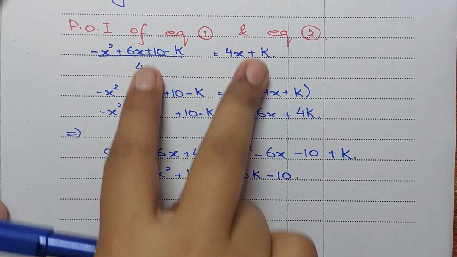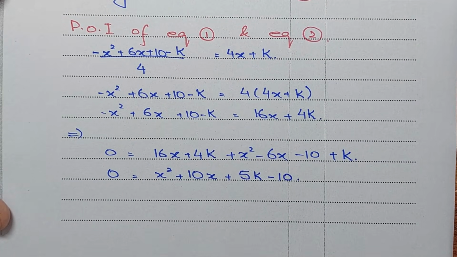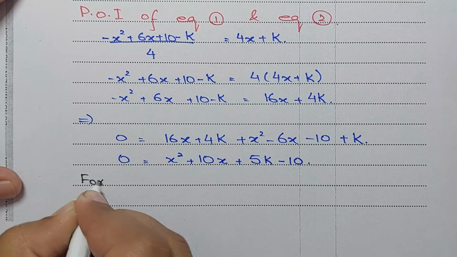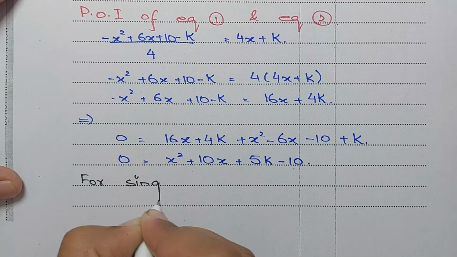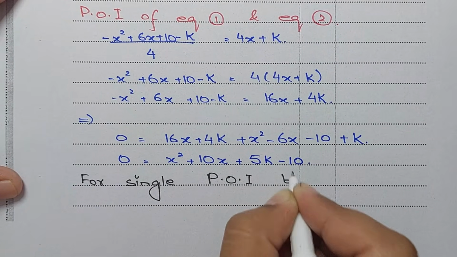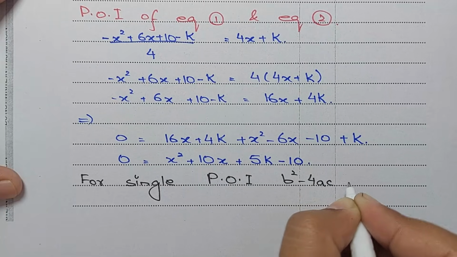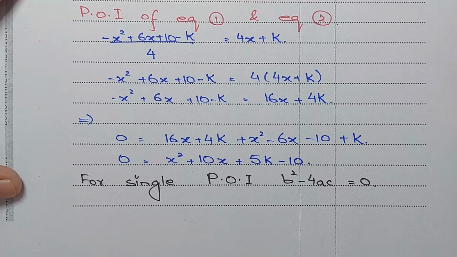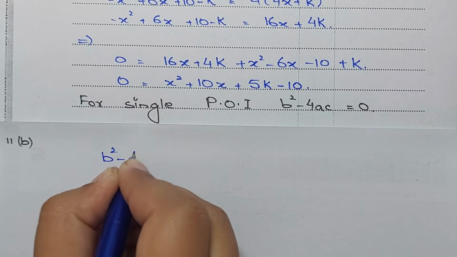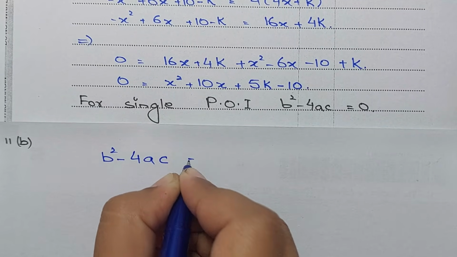Okay, so for the point of intersection, we got this. There is just one point of intersection. It means its discriminant is equal to 0 for a single point of intersection, b square minus 4ac. This is equal to 0.